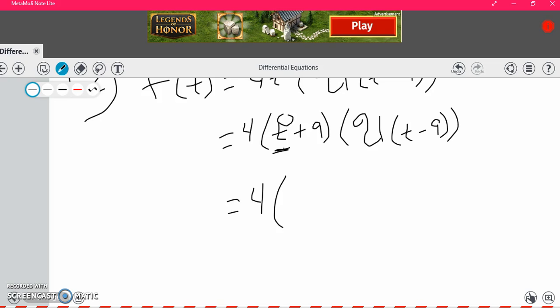And our n here is just 1. And if we're using our unit step, our a is 9, so we have e to the negative 9s times 1 over s squared.